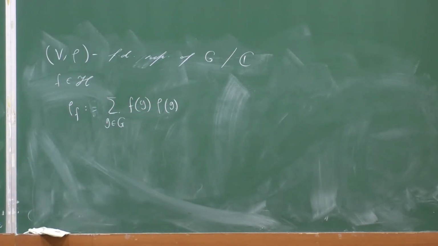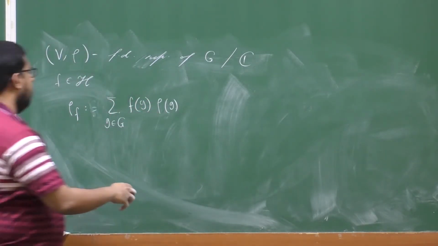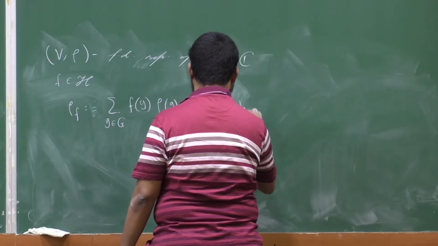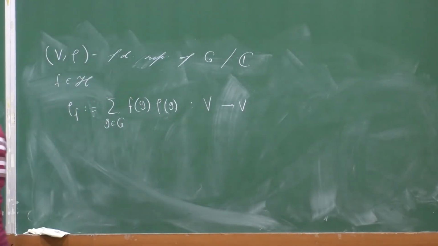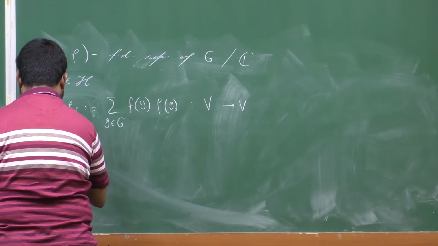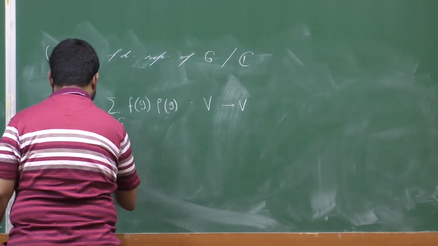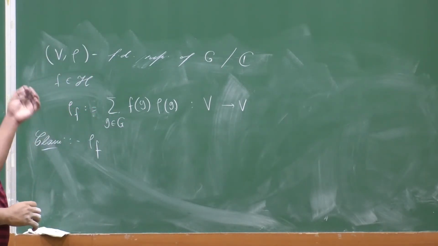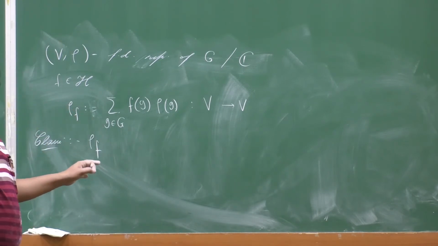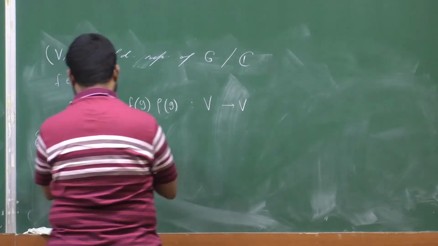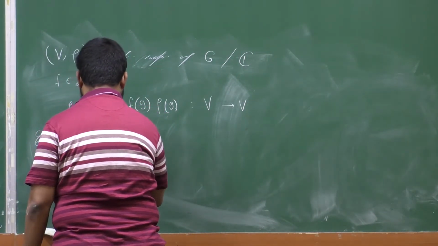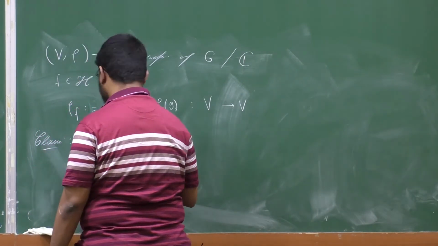So this is a linear operator from V to V. Claim: this operator is G invariant. So try to understand, given any class function f and any representation (V, rho), we can form this operator, and the claim is that it is G invariant.